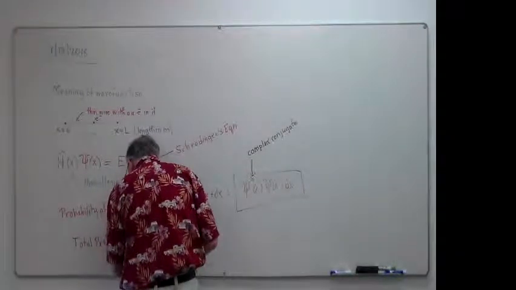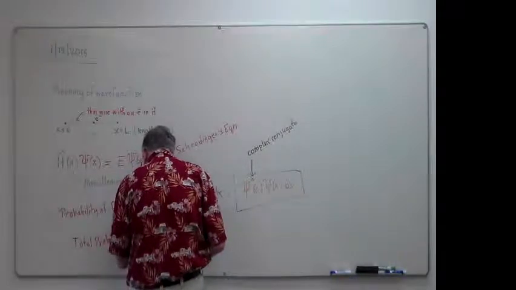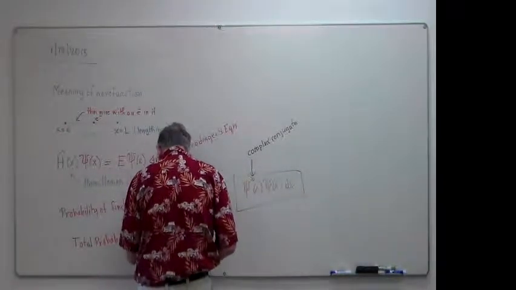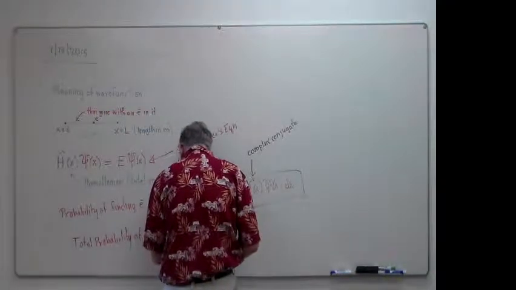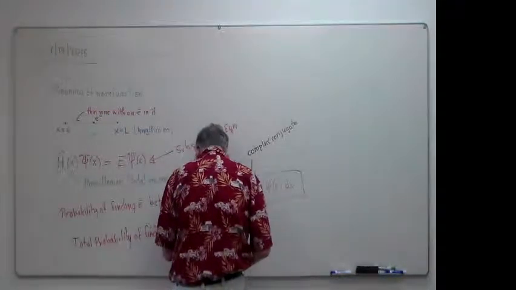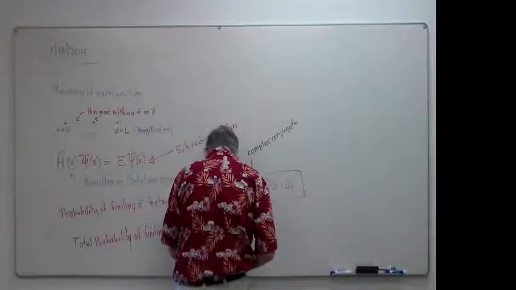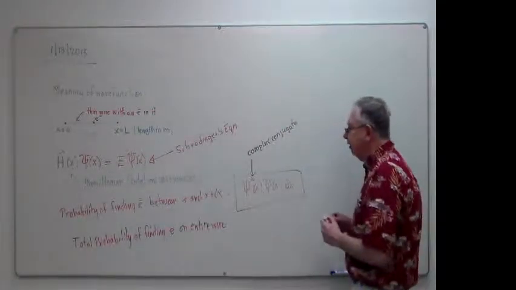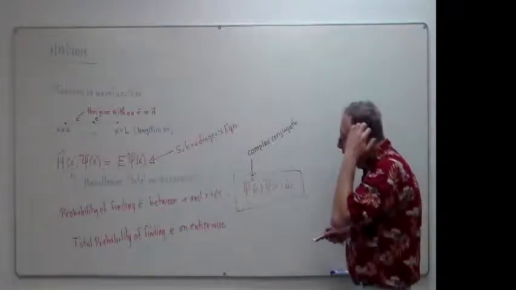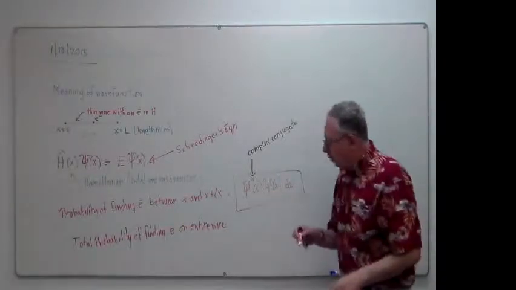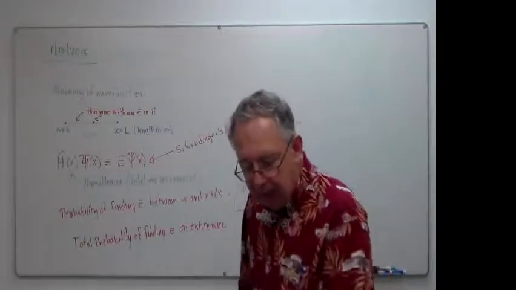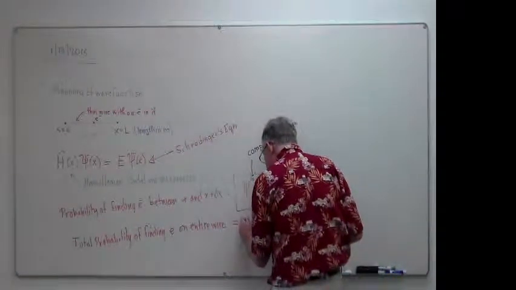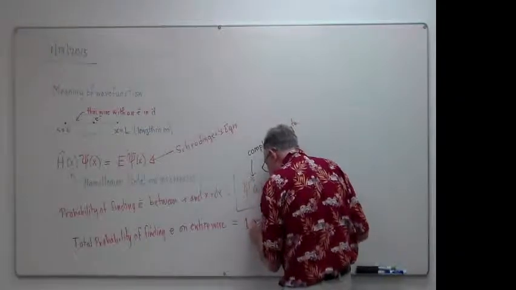Probability of finding the electron on the entire wire is you add up all the probabilities over the whole distance. And how do you do that? This total probability equals 1.